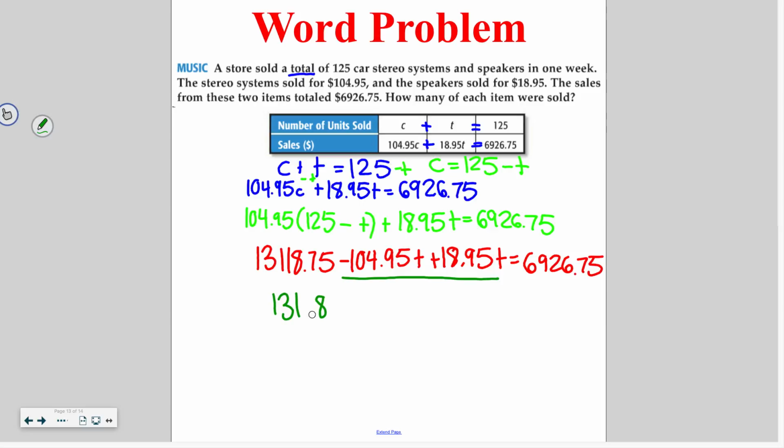Oopsies. So 13,118.75 minus 86t is equal to 6,926.75.